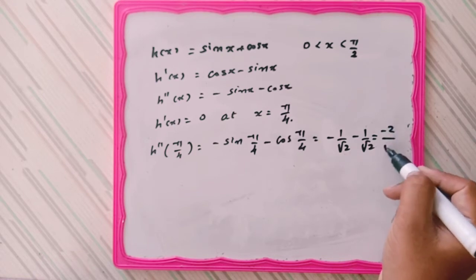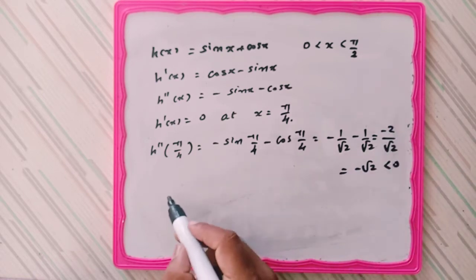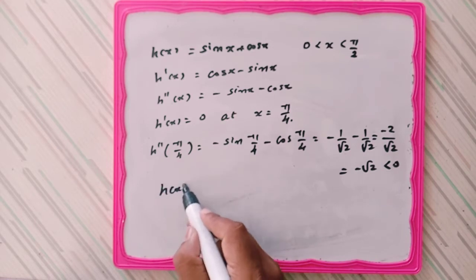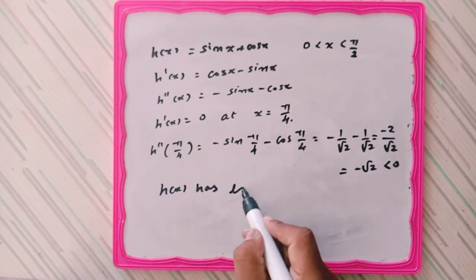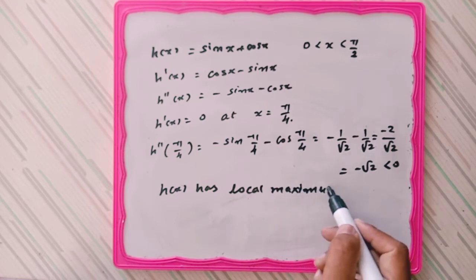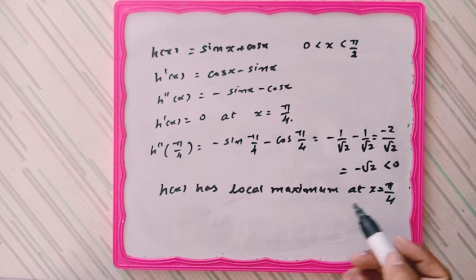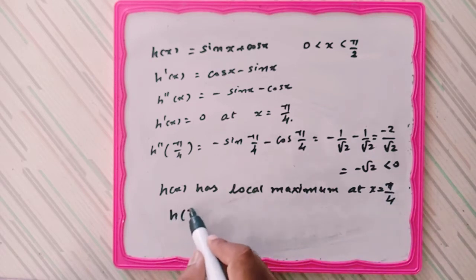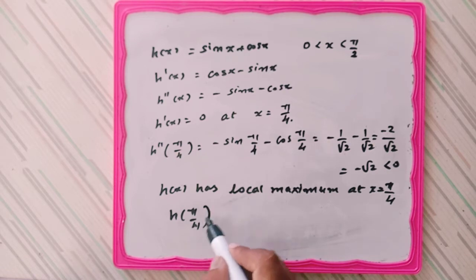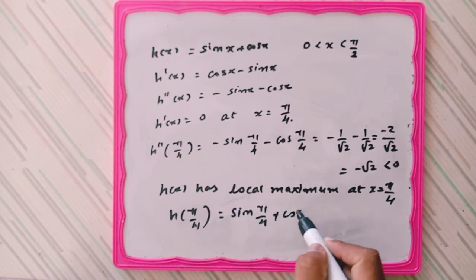So minus 2 by root 2, which is minus root 2, less than 0, and so h(x) has local maximum value at x equals pi by 4, and that will be h(pi by 4), which is sin pi by 4 plus cos pi by 4.